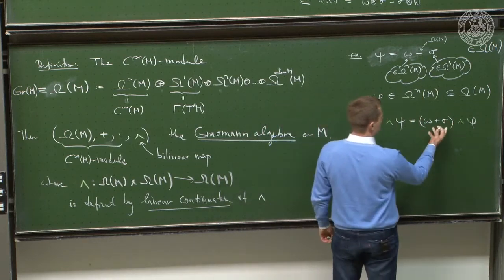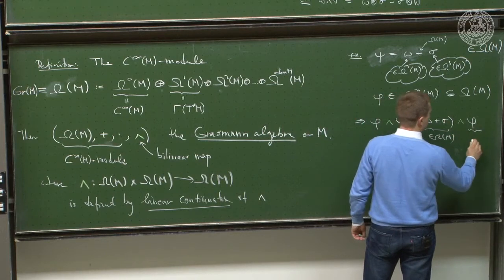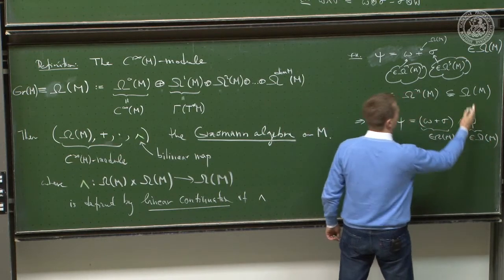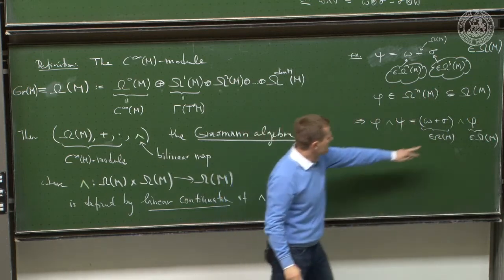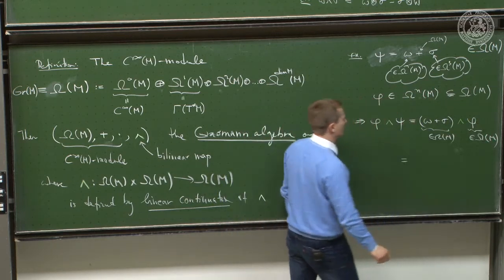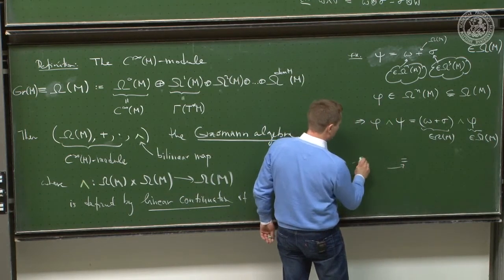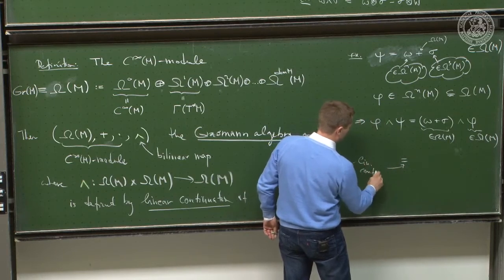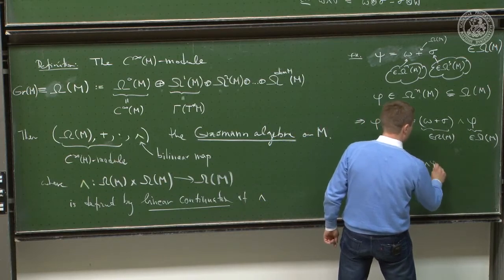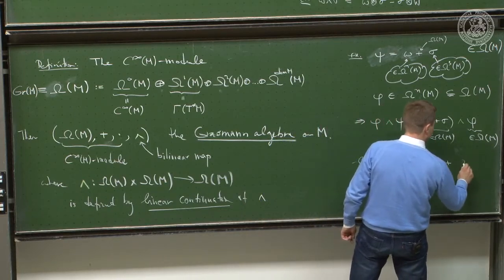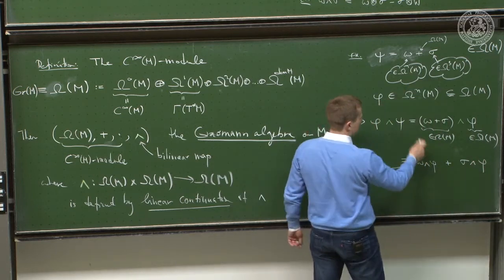And that's fine, because this is in Omega of M, this is in the Grassmann algebra. Well, this guy also is in the Grassmann algebra. More particularly, it's in this nth subspace. Well, who cares? So this is defined. But now, how is the green one defined? Well, this is the principle or the definition of linear continuation. This is then omega wedge phi plus sigma wedge phi. Now, the omega is a 1 form.